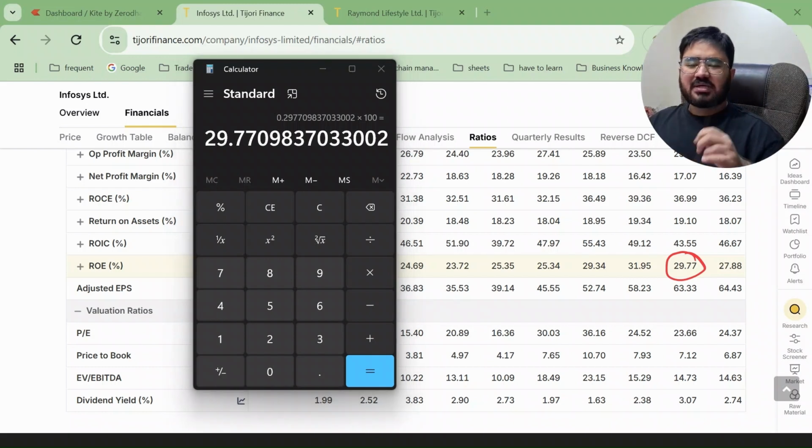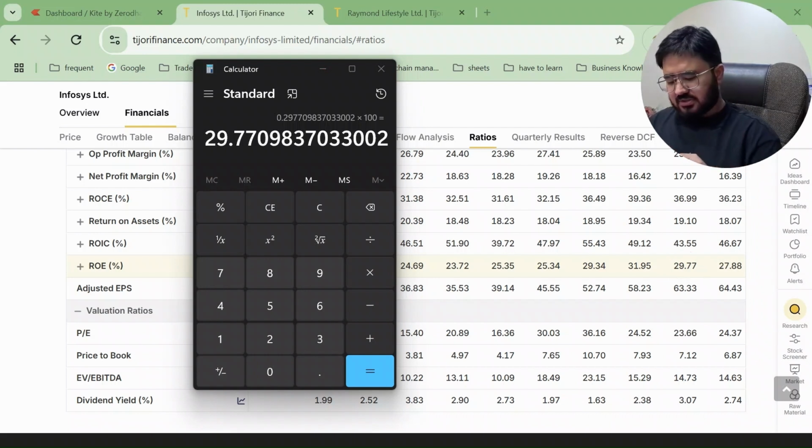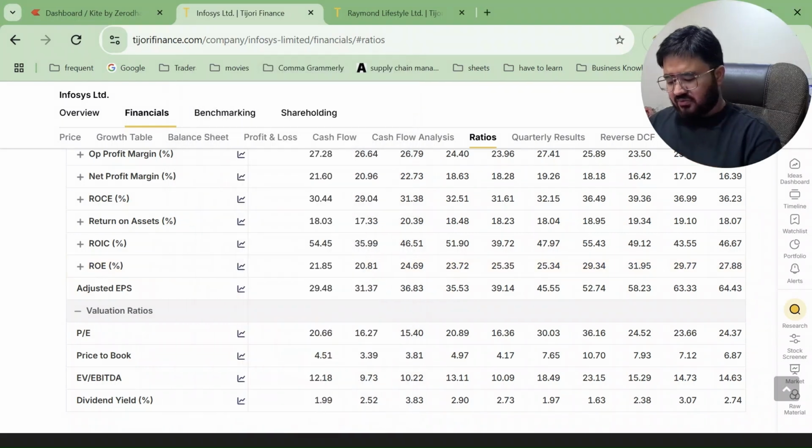So now next comes the interpretation part. How will you interpret the return on equity? By comparing it with itself, or by comparing it with its peers. And of course, when you are comparing it with peers, it's not a stone to stone comparison.